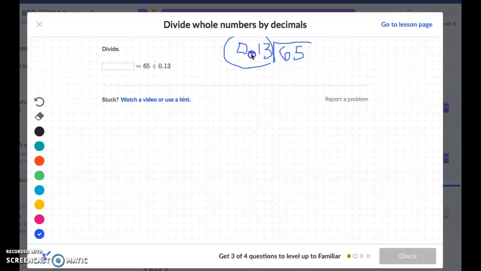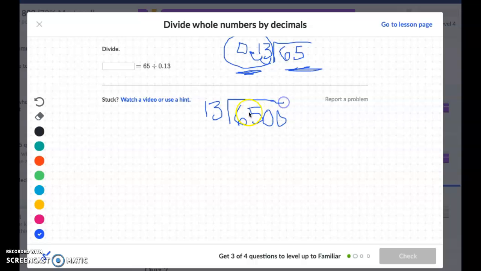Because if I multiply it by 100, that shifts my decimal over 2 times and makes it 13. But if I multiply this number by 100, I have to multiply this number by 100. So 65 times 100 is 65, and then I add my 2 zeros on for the 100.